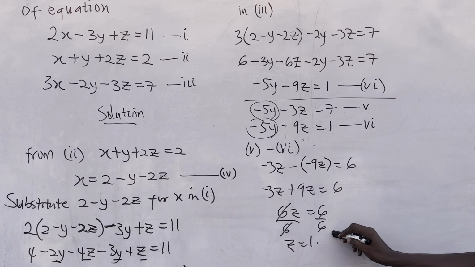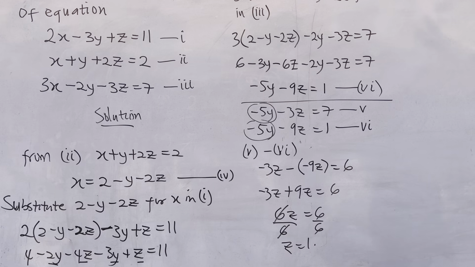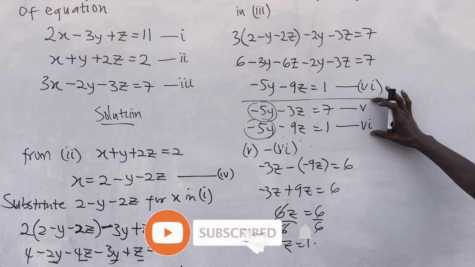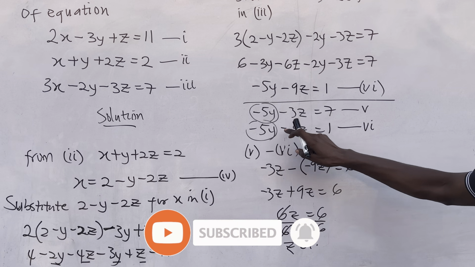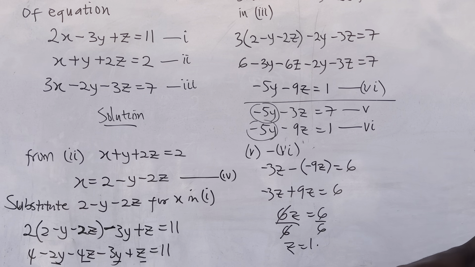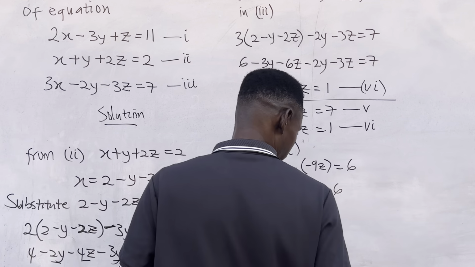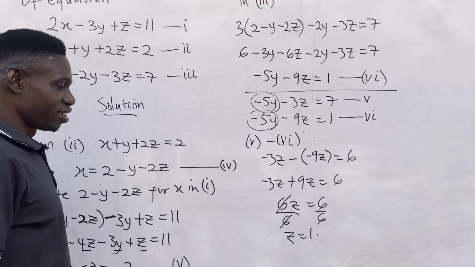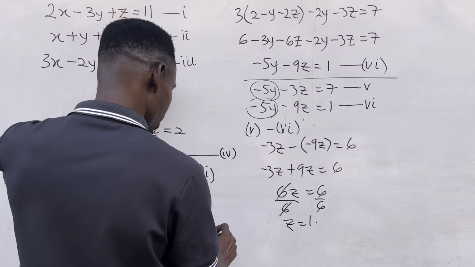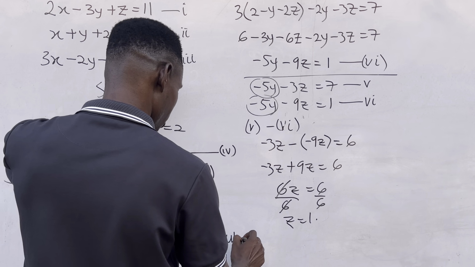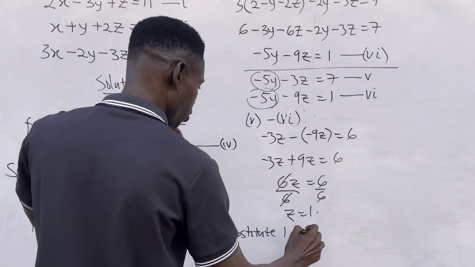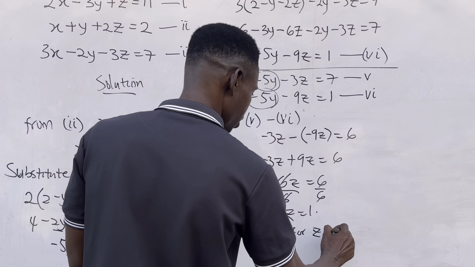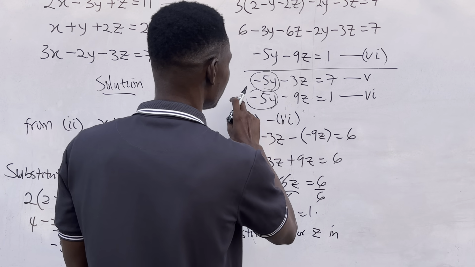This is clear enough, right? So our z is 1. Now coming back here, we can substitute 1 for z in either of these equations and we'll get y. Okay, so can you see down here? Can I write down here? Okay, good. So from here we can say substitute 1 for z in equation, let's say 5.